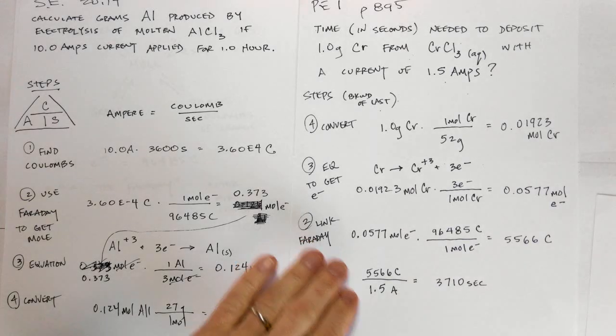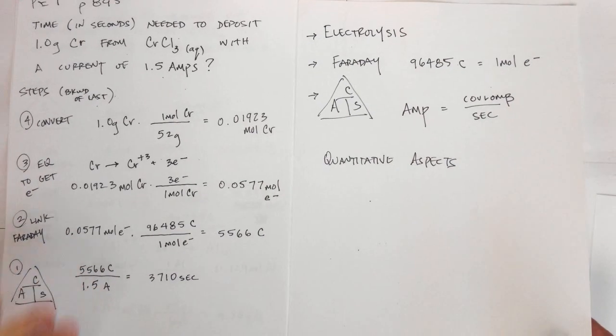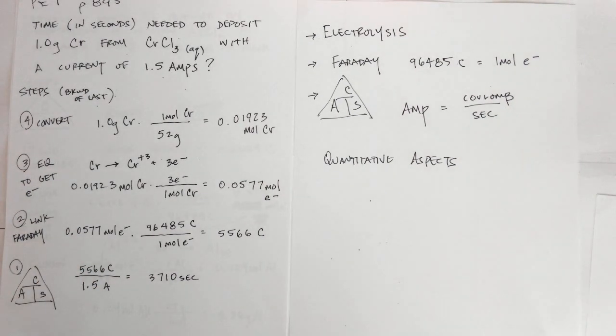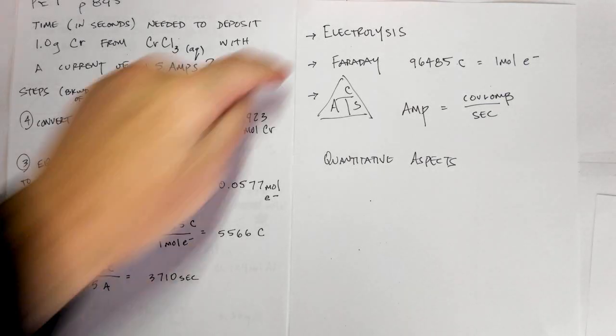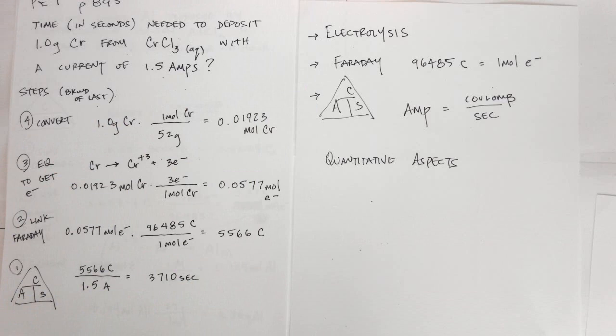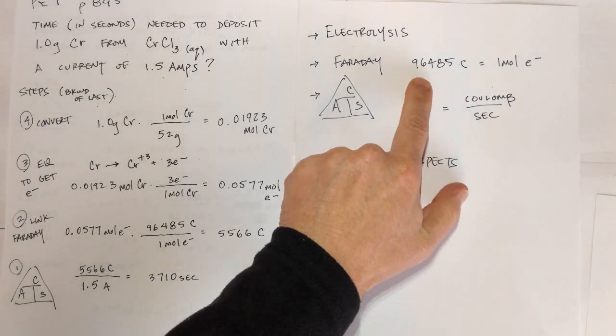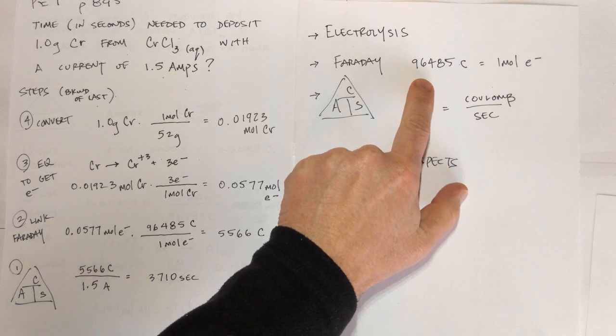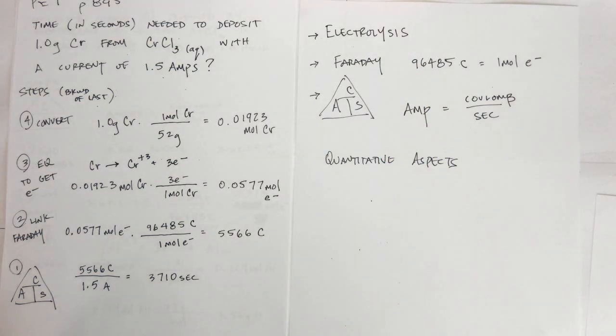So hopefully from these several example problems, you learned 3 different things about the quantitative aspects of electrolysis. Number 1, that electrolysis simply means we're driving electrons into something to make something happen. Number 2, you learned a constant, the Faraday constant, that there are 96,485 coulombs in 1 mole.